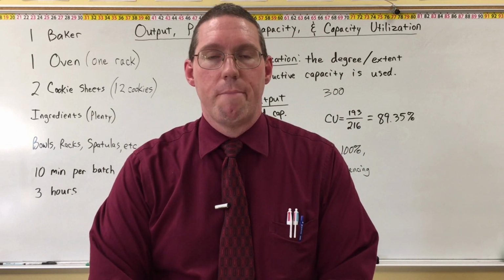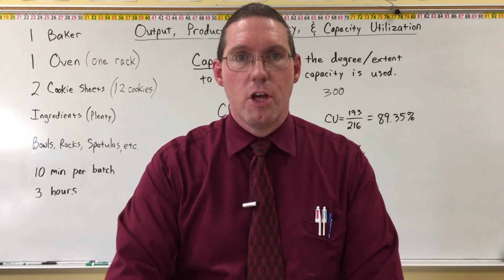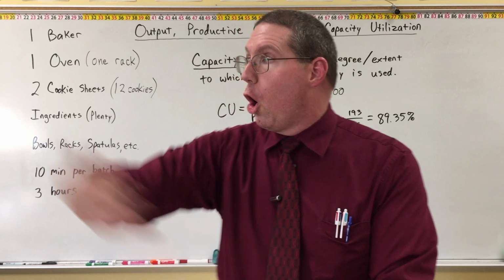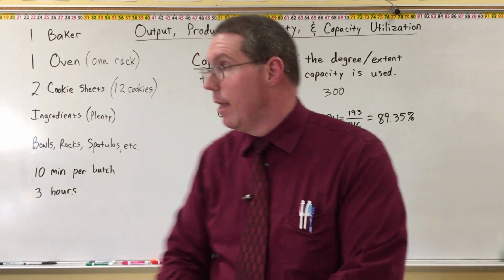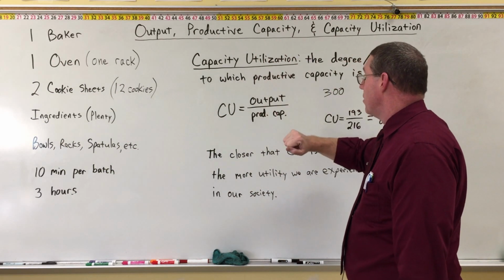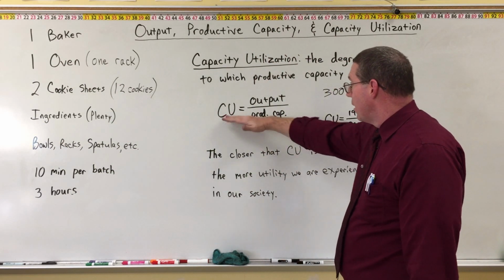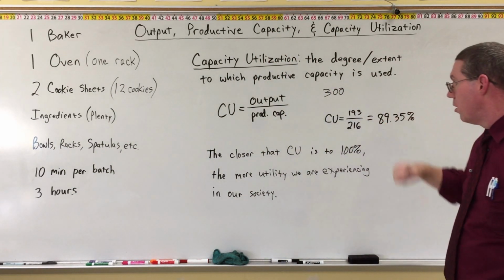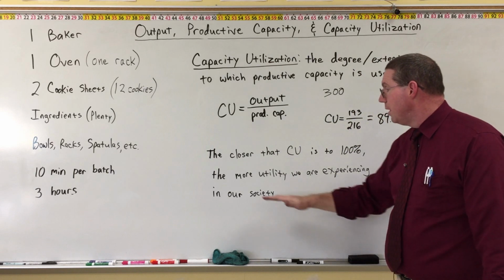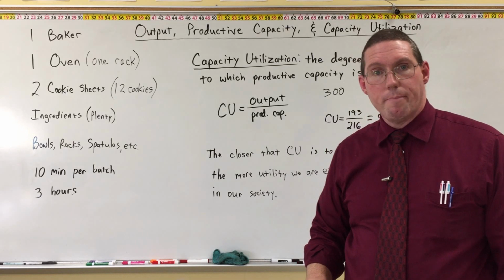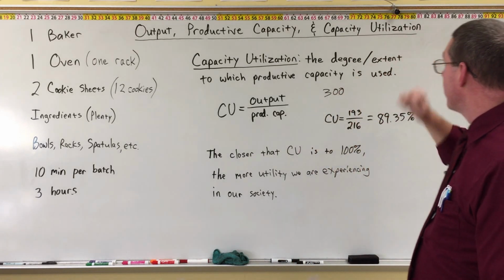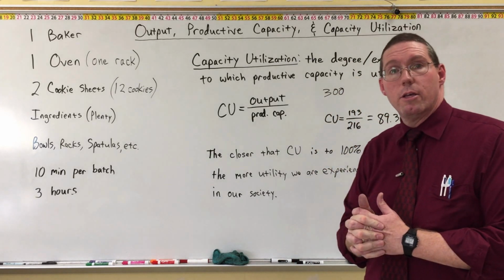The primary goal of macroeconomics is to maximize utility across all of the people in the society. Okay? And so if we can understand capacity utilization and try to make capacity utilization as close to 100% as possible, then we'll be experiencing a lot more utility in our society. Okay? That is output, productive capacity, and capacity utilization.